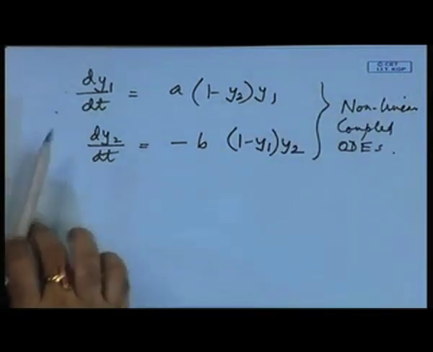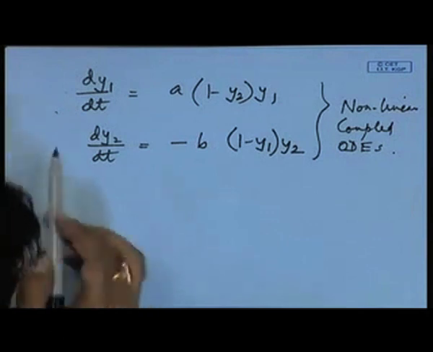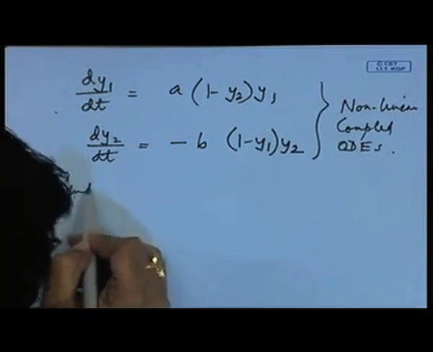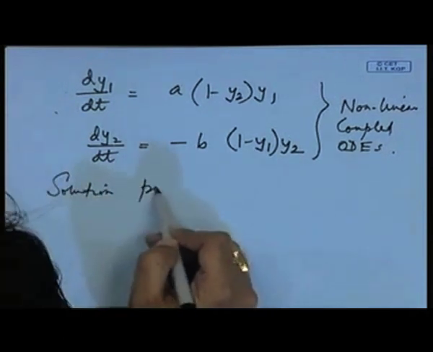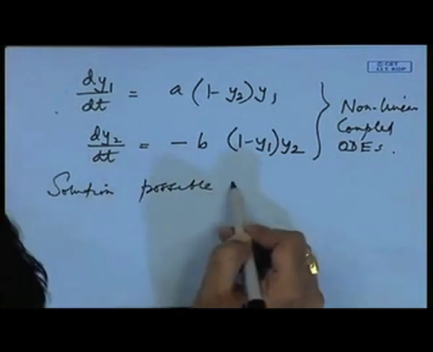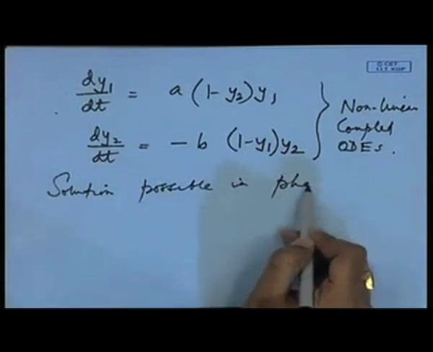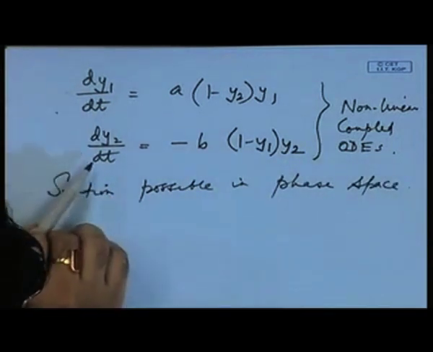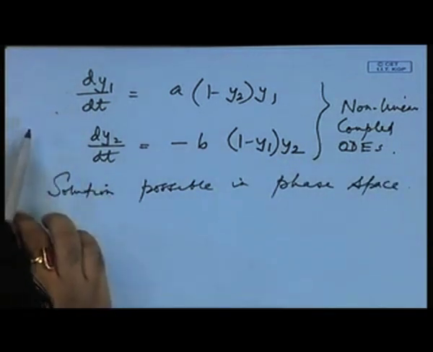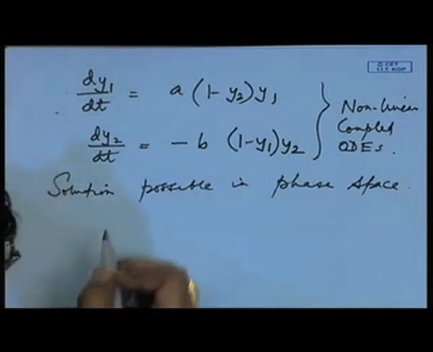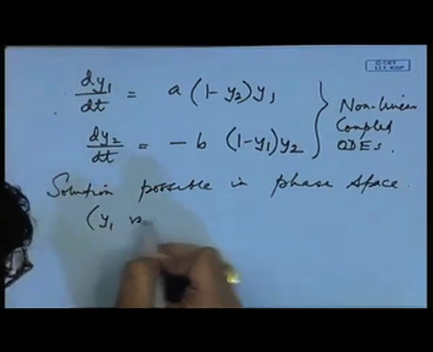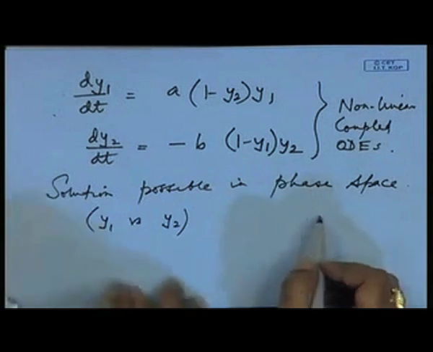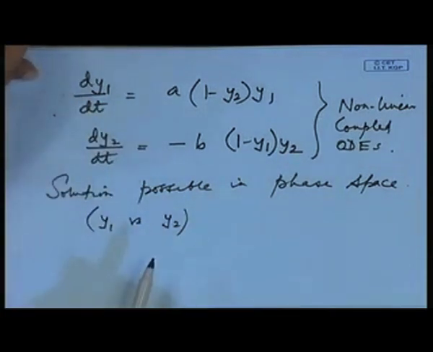The answer is no, I cannot solve them as it is, but I can solve them in what is known as solution possible in phase space. So, not in the time domain, but in the phase space, that is y1 versus y2 space. That is where solution is possible.